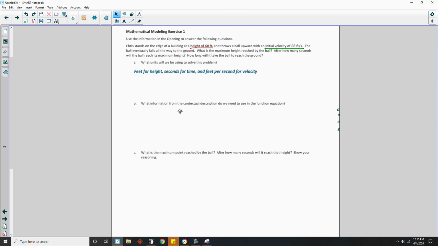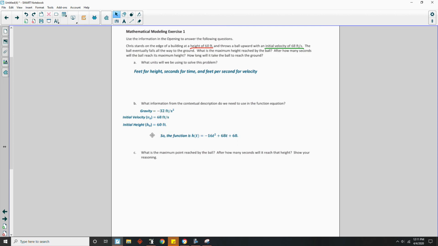B says, what information from the contextual description do we need to use in the function equation? Well, we need to know that gravity equals negative 32 feet per second squared. And we need to know that the initial velocity, v sub 0, is 68 feet per second. We also need the initial height, h sub 0, of 60 feet.